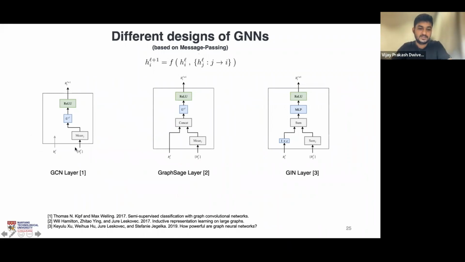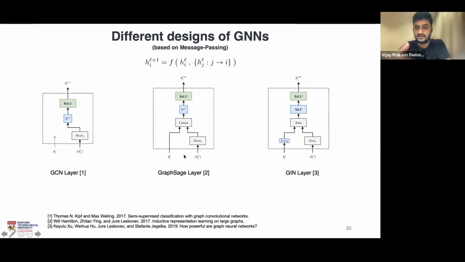In the GCN, we saw that we are simply doing neighborhood averaging of the information coming from the neighbor nodes to update the feature of I. So in GraphSAGE, it also concatenates the central node information when taking the average information of the neighbors. That was the main difference from GCN to GraphSAGE.